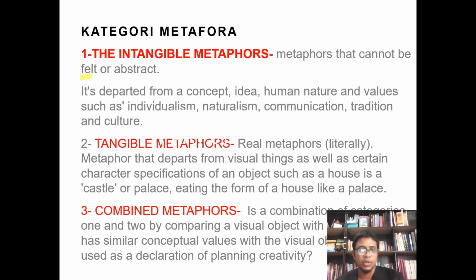This is what we call a tangible metaphor that we can relate to straight away. Number three is the combined metaphor, a combination of categories 1 and 2 by comparing a visual object with another that has a similar conceptual value to the visual object. It can be used as a declaration of planning creativity.